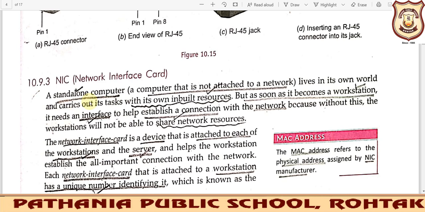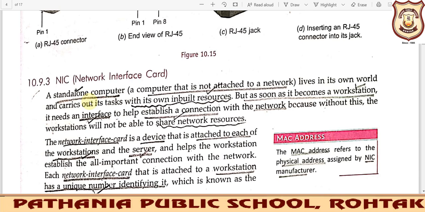Your computer gets transformed into a workstation or a node, we can say. When we are connected with the internet and we want to access the network things that are available there, we need an interface that helps us to establish a connection with the network.